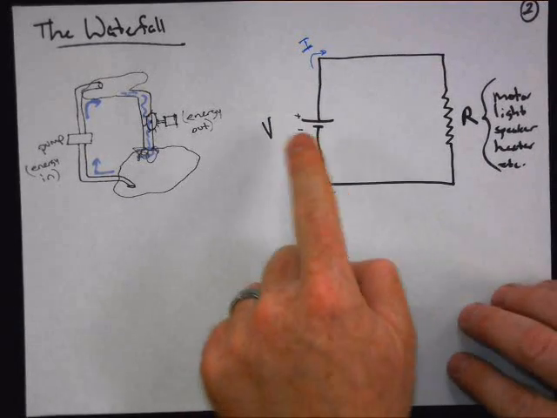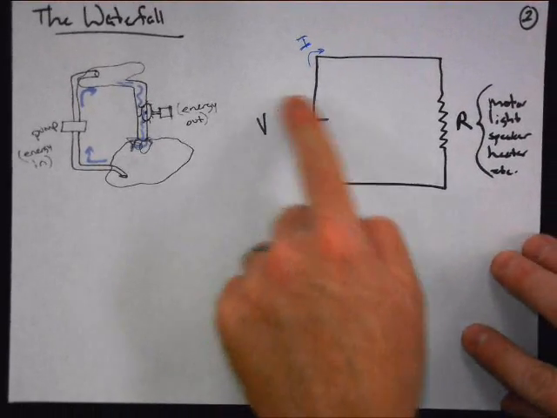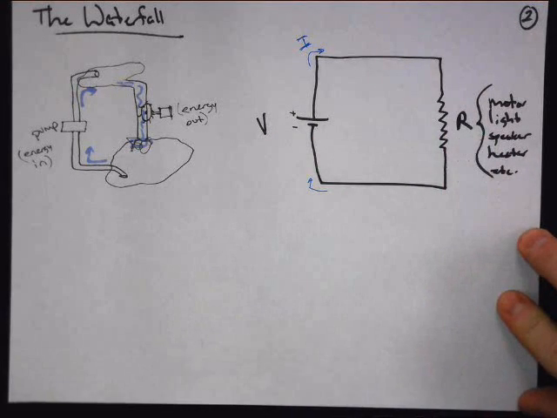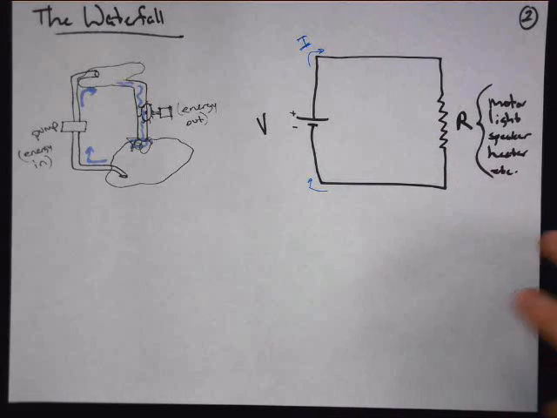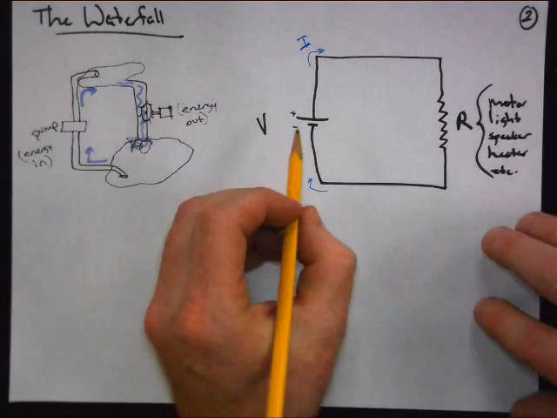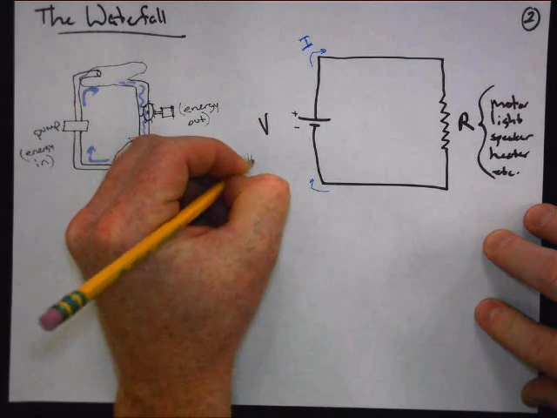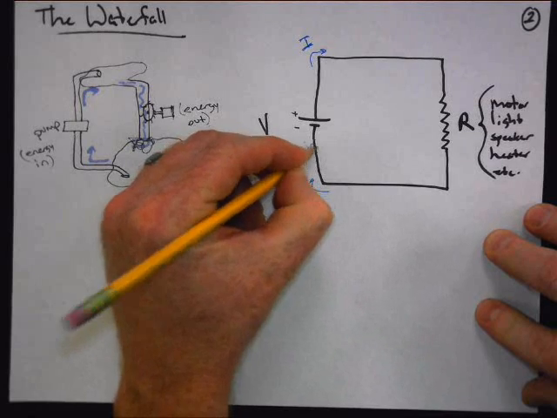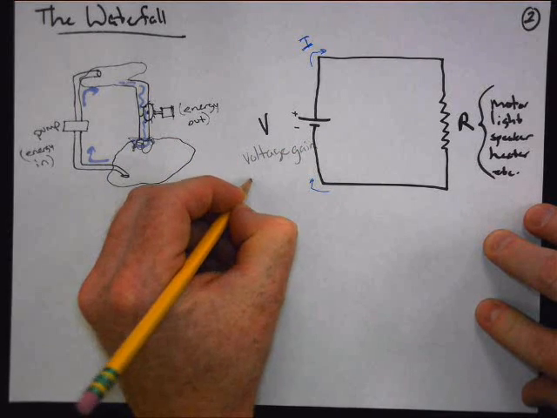So I like to draw the voltage gain on one side and the voltage drop on the other side. So those terms, voltage gain and voltage drop, they're worth using. For the source side, you could say voltage gain, you could say voltage source.